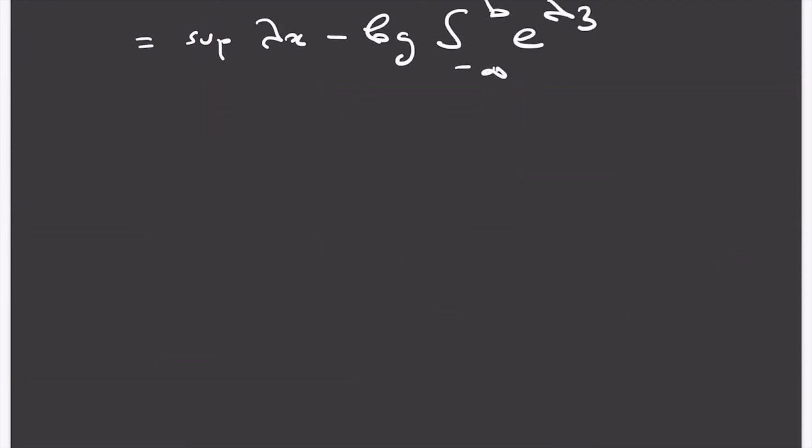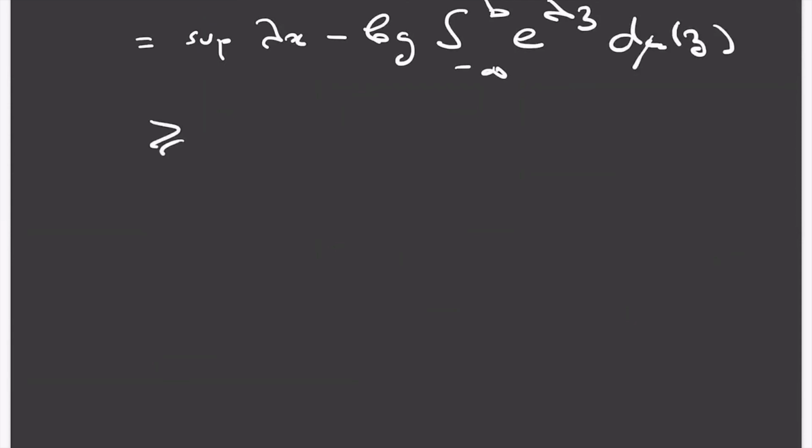So it is the sup of lambda x minus the log of the integral between minus infinity and b of exponential of lambda z d mu of z.